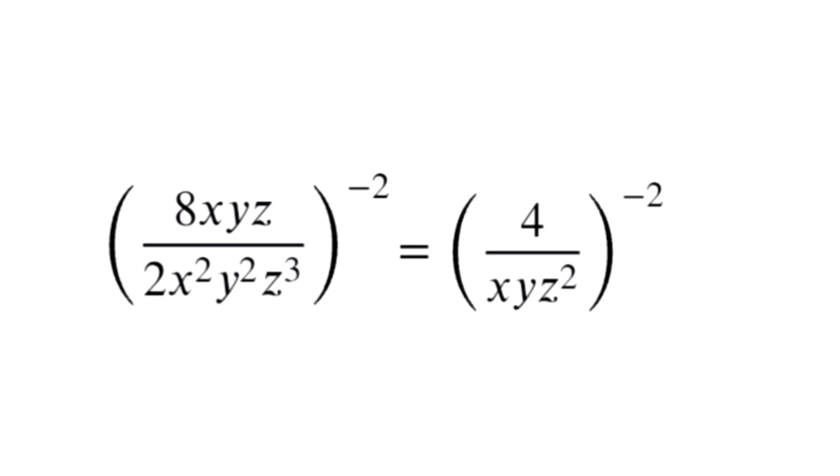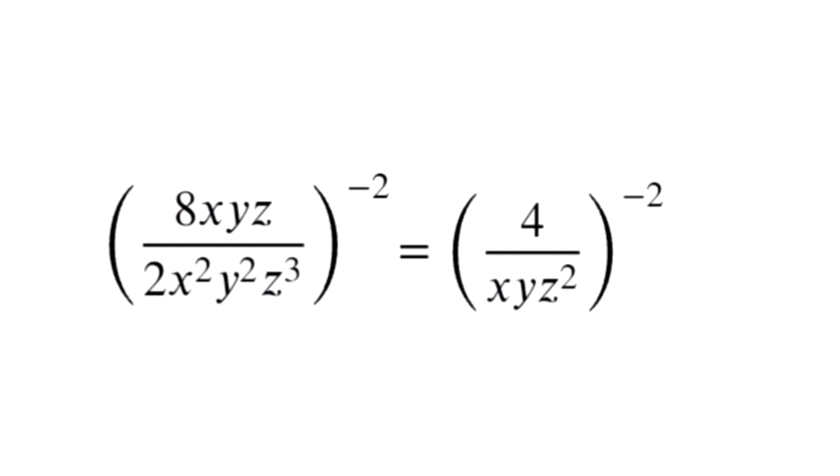So we have this as 4 over x y g squared, all raised to the power negative 2. So since this is a negative exponent, let's flip this up.